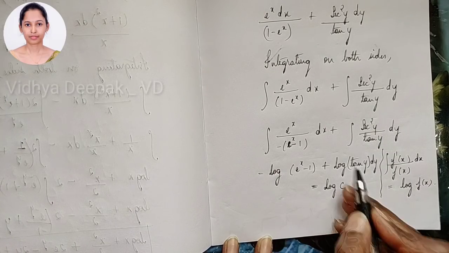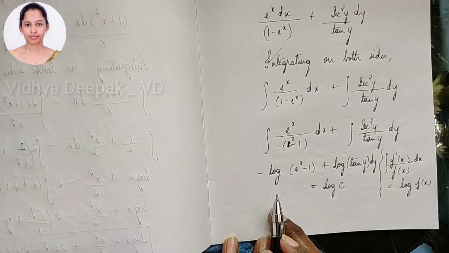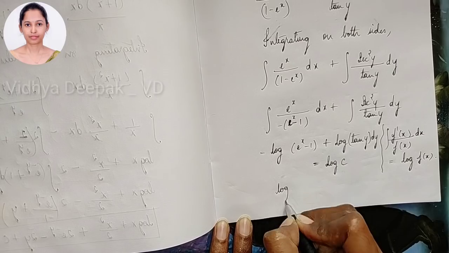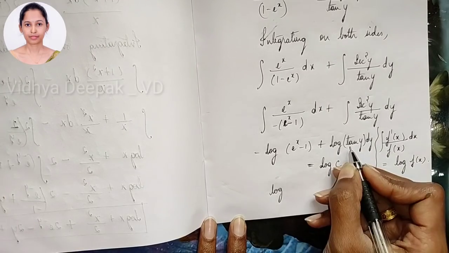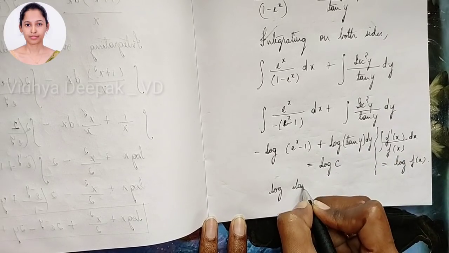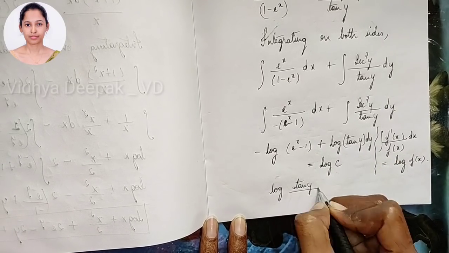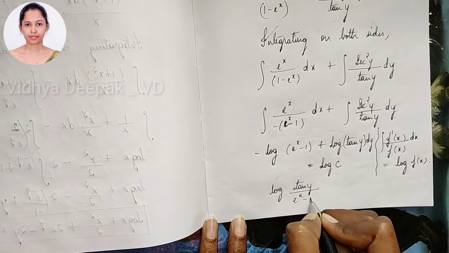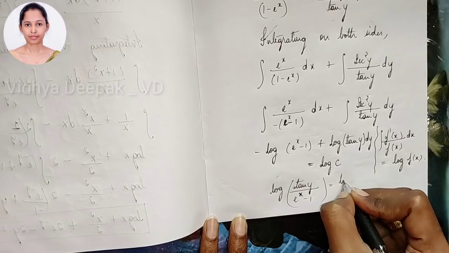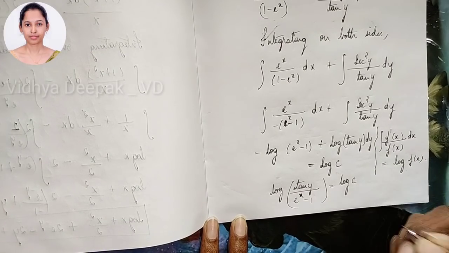The formula for log m minus log n is log m by n, right? The positive term should be in the numerator. So log m by n is equal to log c.